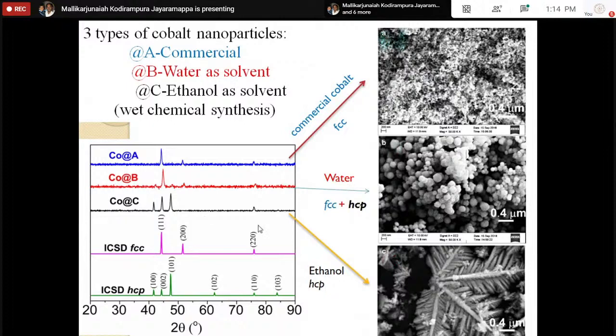And the reason I have given this XRD slide is that the problem with the FCC phase and HCP phase is that there are two peaks, the 220 peak and the 110 peak, the same peaks for both FCC and HCP. Whenever I make a measurement here, if I get one peak, I cannot conclude whether it is due to the HCP phase or the FCC phase.